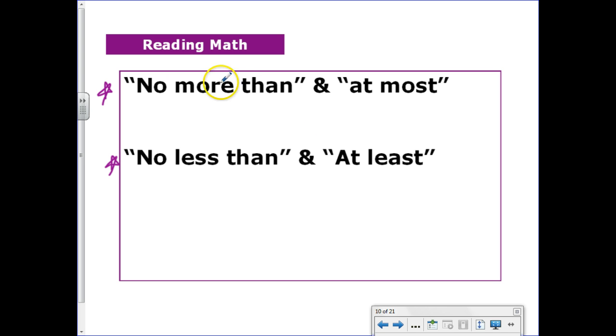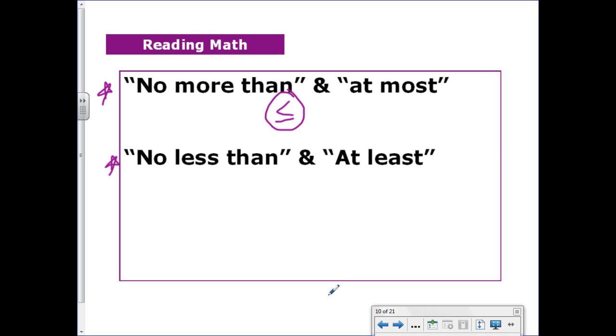No, no more than $5. You could have $4, $3 too. I might have nothing in my pocket. Therefore, when you see things like this, no more than or at most, it means you kind of have an upper limit. So that means you have less than or equal to. So when you see that phrase, no more than or at most, it really translates into a less than or equal to symbol.